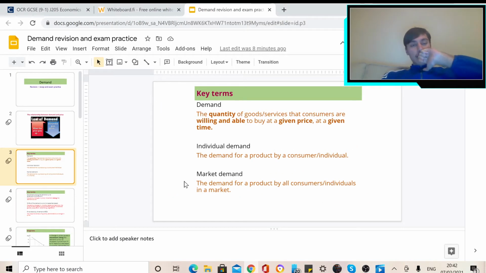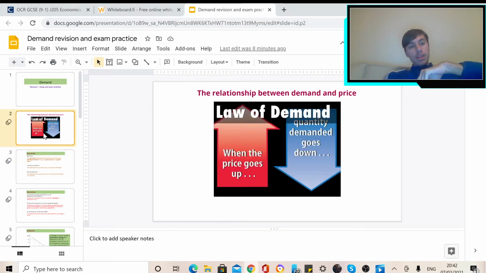Now, the second thing that we need to understand is the law of demand. What that means is that when the price goes up, the quantity demanded goes down. That should make sense very intuitively. Let's just take the example of this laptop. If the price of this laptop is low, let's say just 100 pounds, the demand for it will increase.